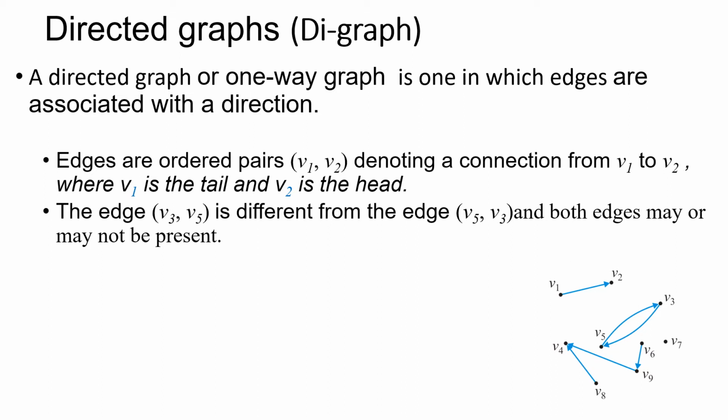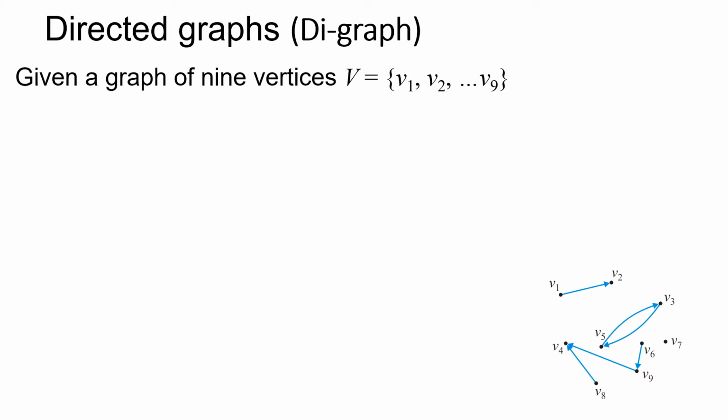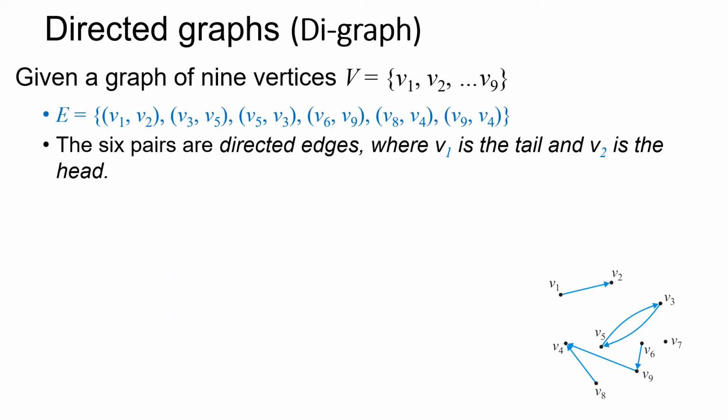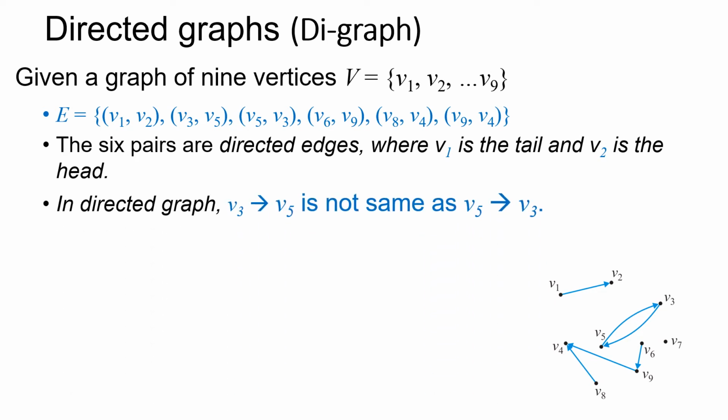V3, V5 is different from the ordered pair V5, V3 and may be associated with different weights. As can be seen in the example, both the edges connecting the same vertices may or may not be present in the graph. In the given example of graph having 9 vertices from V1 to V9, list out the directed edges.